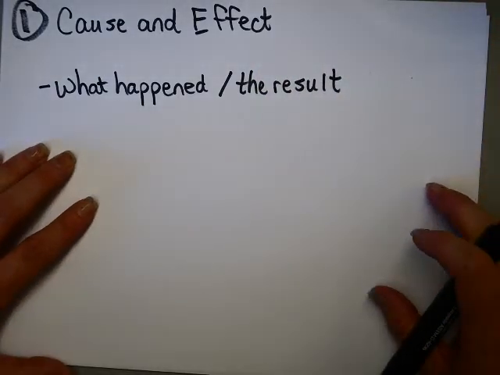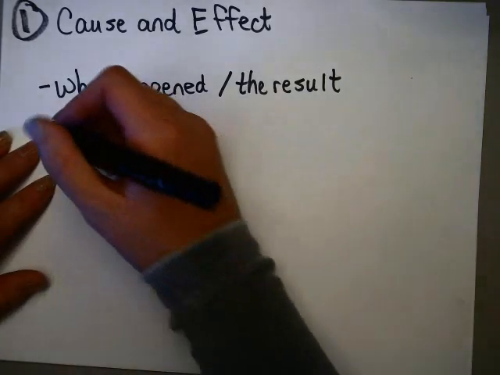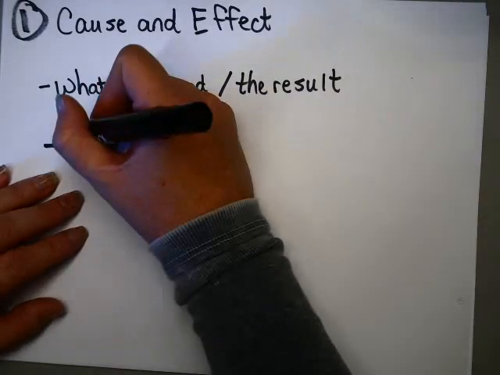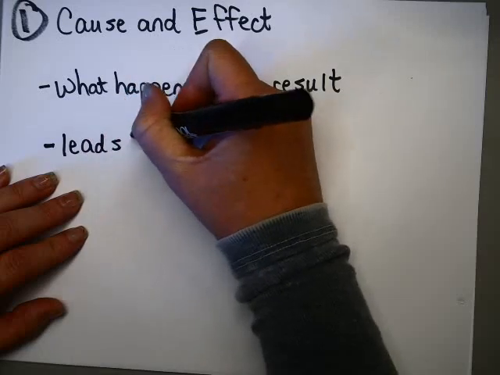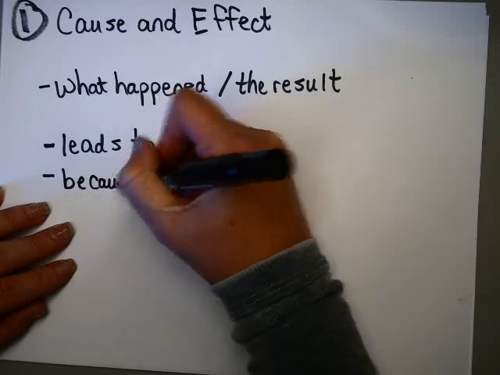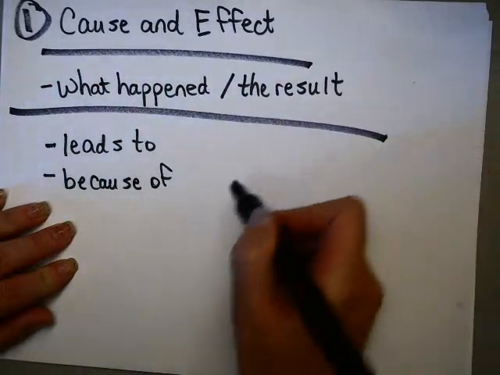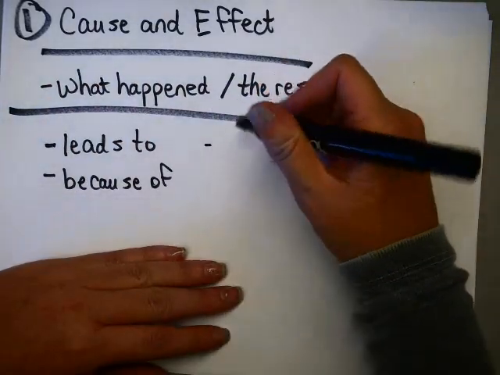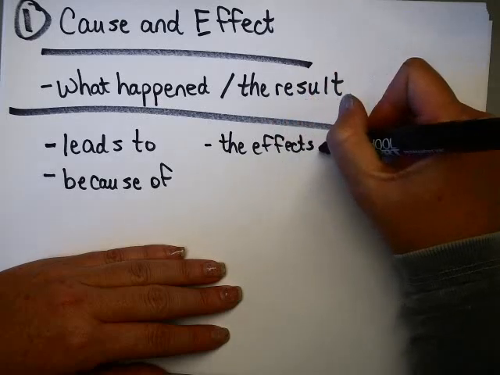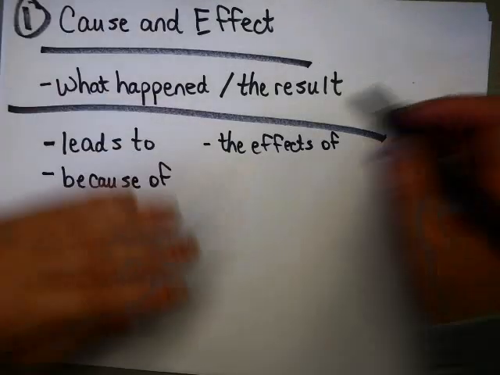Okay, so some of the words that you want to look out for when it comes to cause and effect text structure is going to be something like leads to, because of, the effects of, therefore.